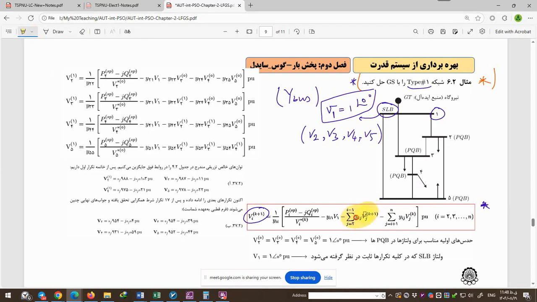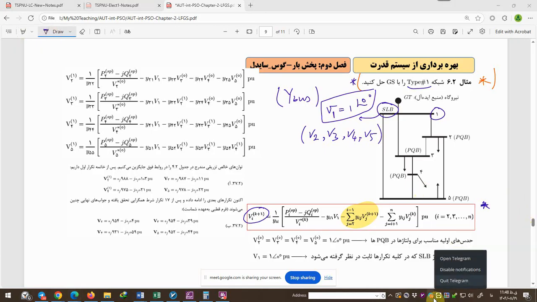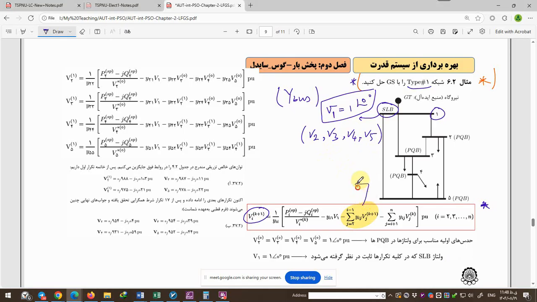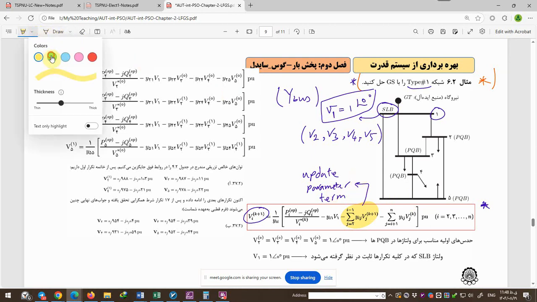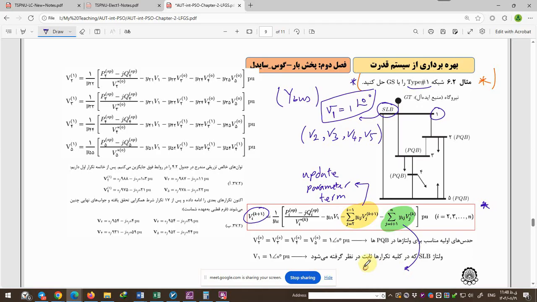This term is the update parameter term, and this part is the old parameter term.